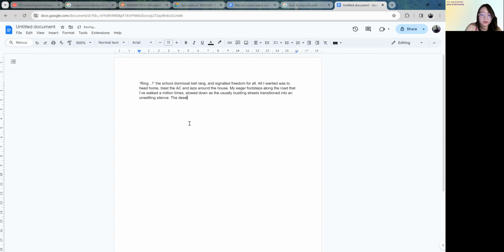The deserted alley leading towards my house, normally unnoticed, now loomed ahead. It means it looks very dark and looks like something bad is going to happen. It looks very blurry, you're not sure. Let me just zoom in a bit more for you.